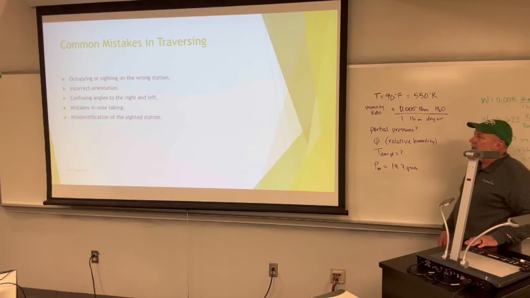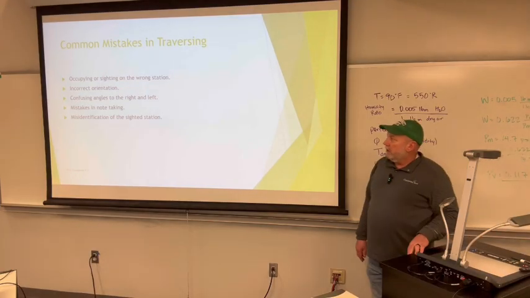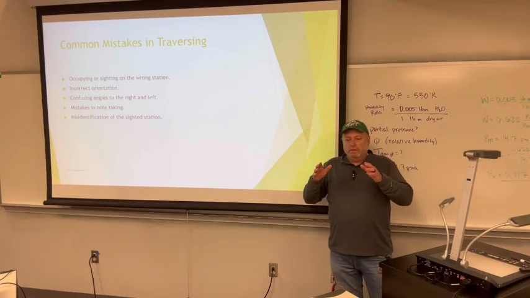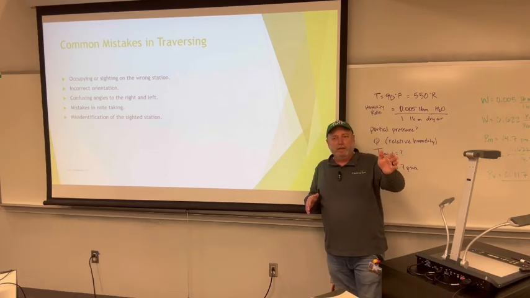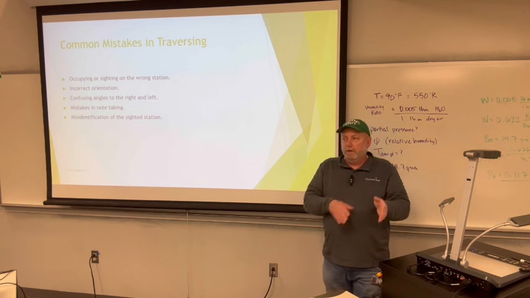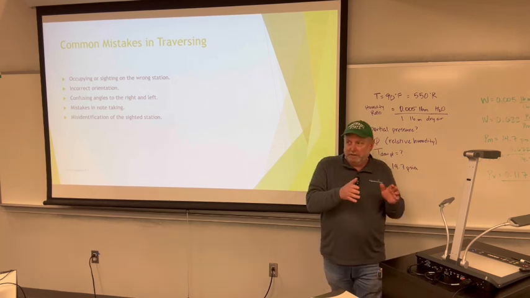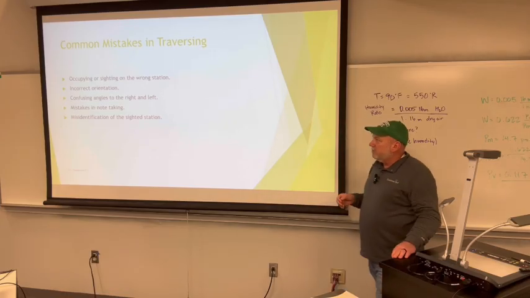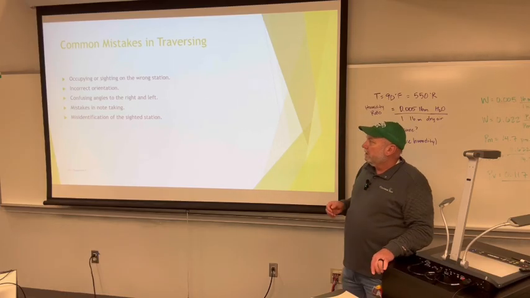To expand on that, incorrect orientation could be where you are occupying your point, backsighting your backsight station, maybe not setting 0. Or maybe you set 0 and the instrument gets bumped. Anything like that would be an incorrect orientation.